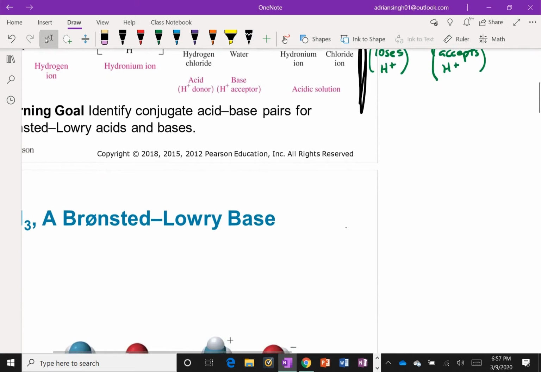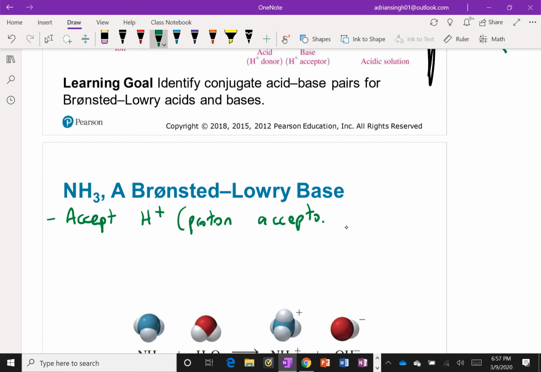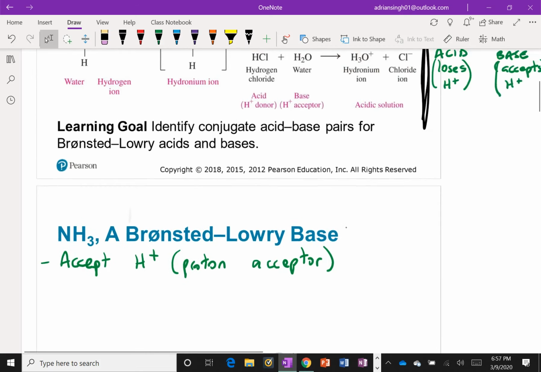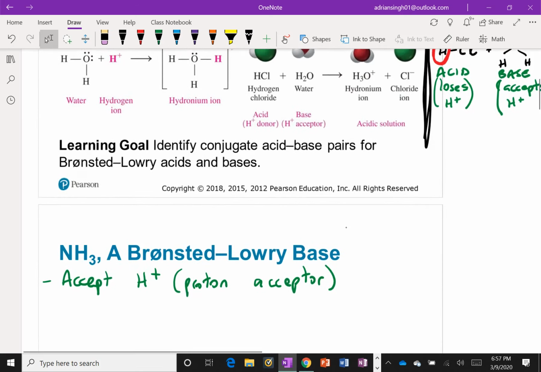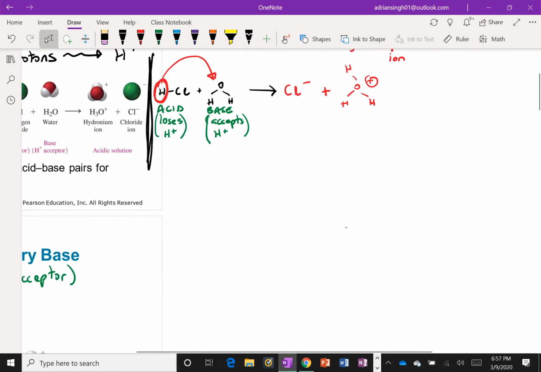All right, so our Bronsted Lowry base, just to finish that discussion, bases are going to accept protons. So we call it a proton acceptor. So if something is losing an H plus, something else has to gain it.